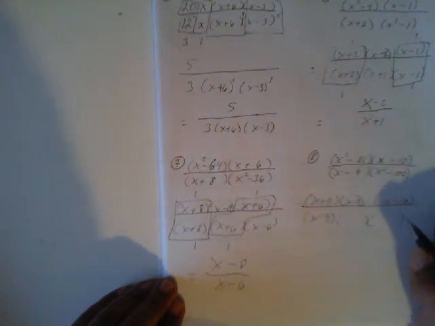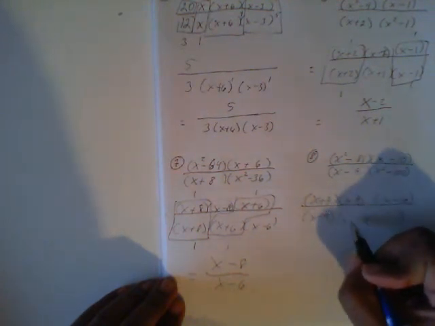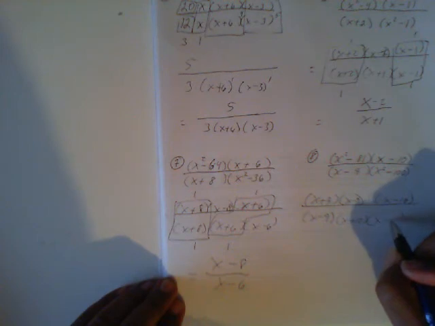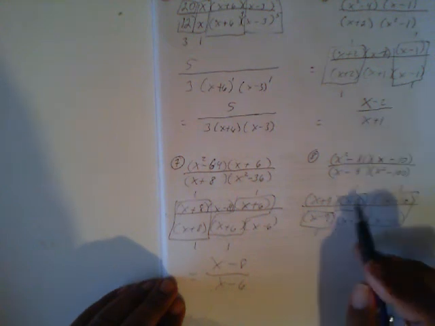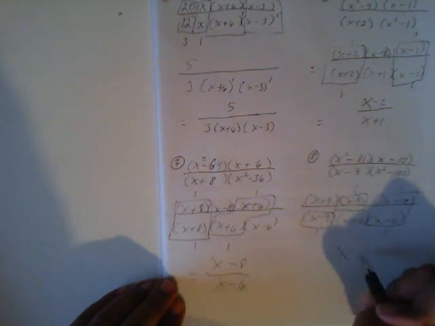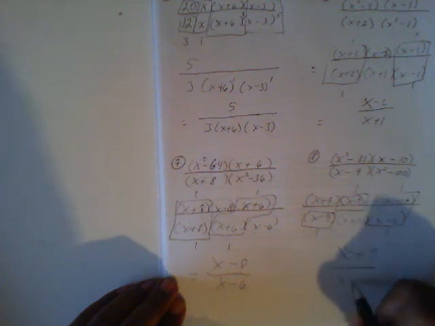So that will break into two binomials. That'll be conjugates, x plus 10 times x minus 10. The x minus 10's cancel, become 1. And the x minus 9's cancel, and they become 1. So this is 1 times x plus 9, which is x plus 9. Also 1 times x plus 10, which is x plus 10.